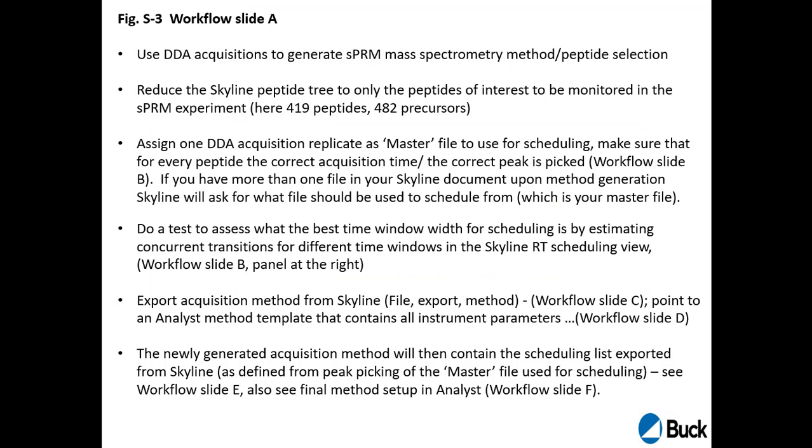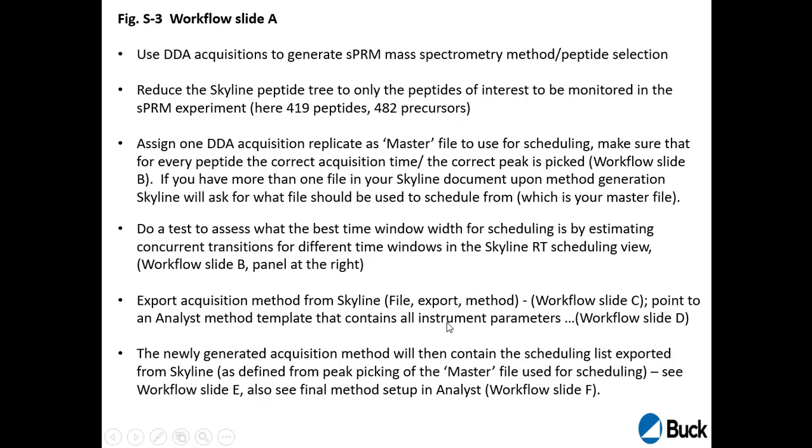So here, this is what I had been doing. I use DDA acquisition to generate a scheduled PRM mass spec method. So you get, say, 419 peptides. We put them into a Skyline peptide tree. We take one DDA acquisition and then exclude a list of precursor ions from that. And I'll show you in the next slide.